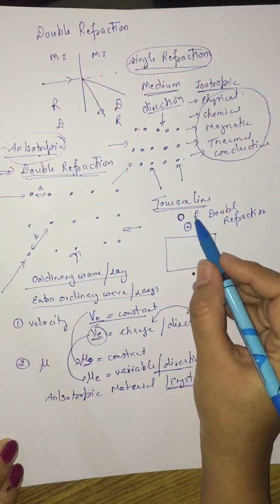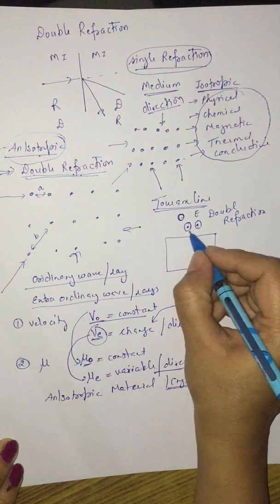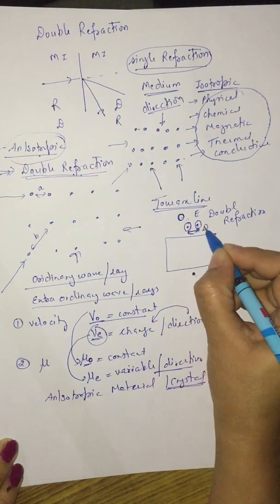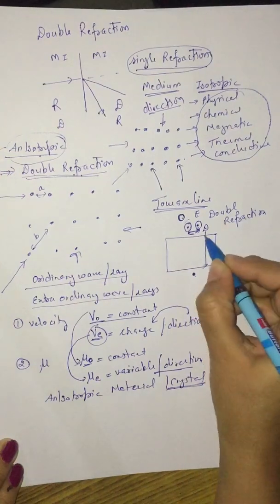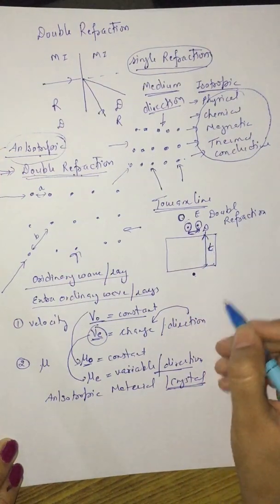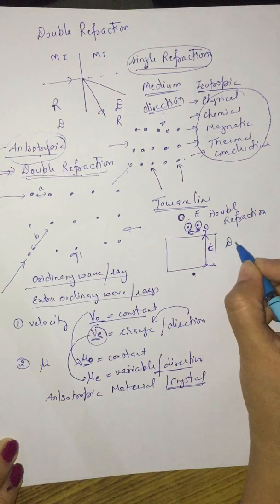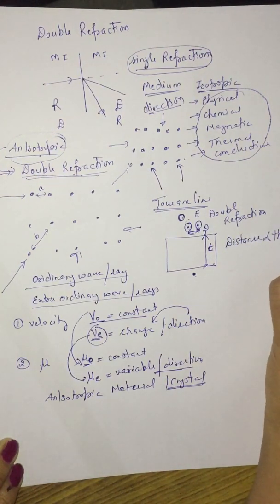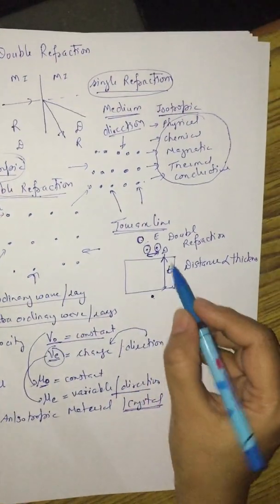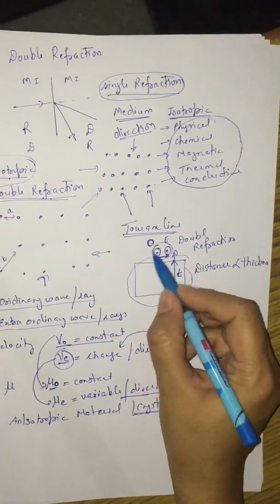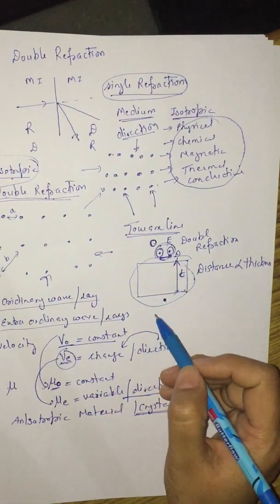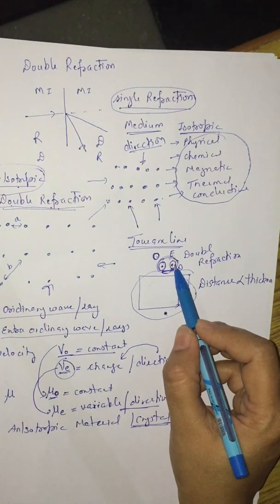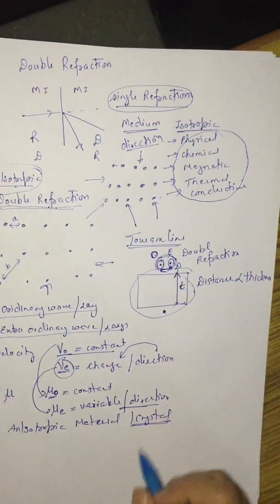These ordinary and extraordinary images have a separation between them, and this separation depends upon the thickness of the crystal taken. The distance between these two images increases with the increase in the thickness of the crystal. If the distance between them is small, the thickness of the crystal is small, and if the separation between these two images is large, then the thickness is also large.